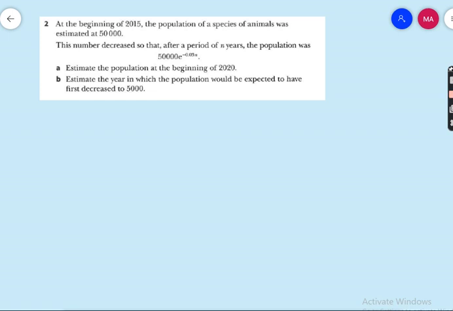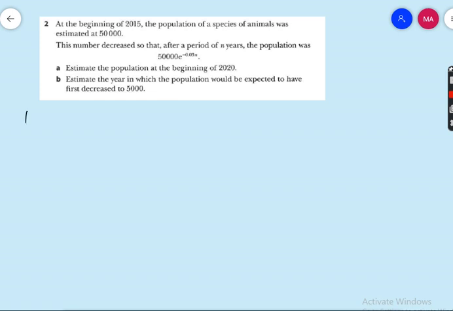So at the start of 2015, the number of animals was 50,000. This number decreased so that after a period of n years, the population was 50,000 e power minus 0.03 n.